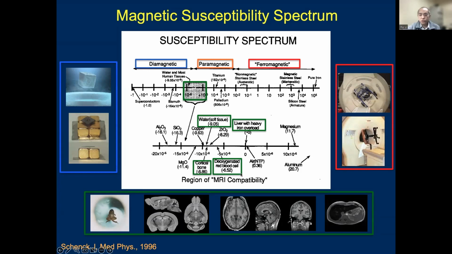And according to their tissue composition, it may be slightly more paramagnetic or slightly more diamagnetic compared to water. For example, as we know, deoxyhemoglobin and also liver with a high iron overload would have a more paramagnetic property than water.